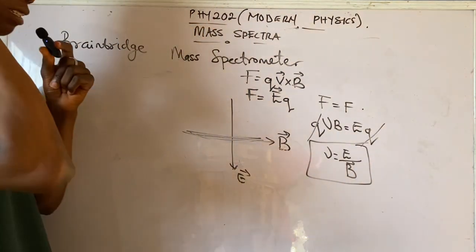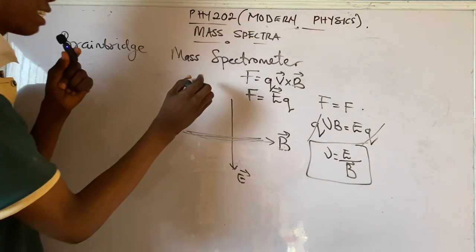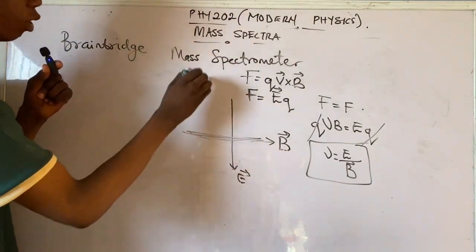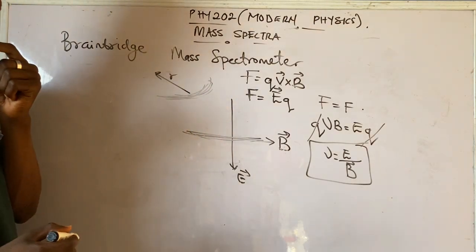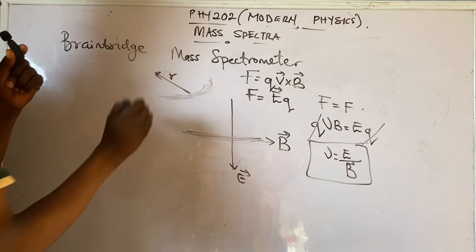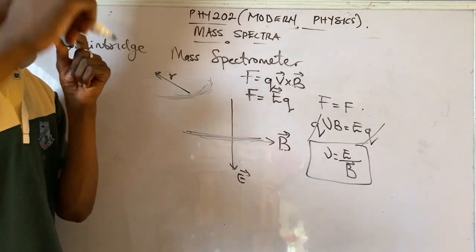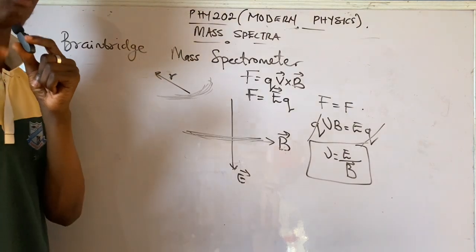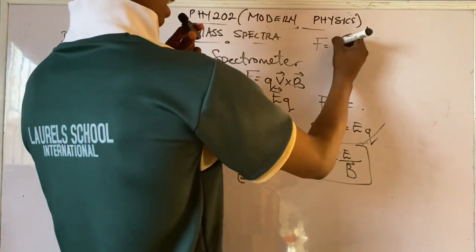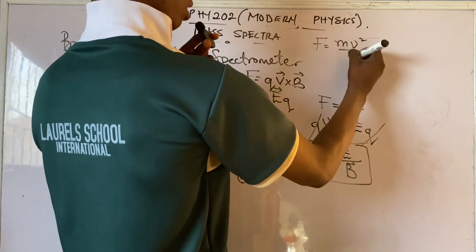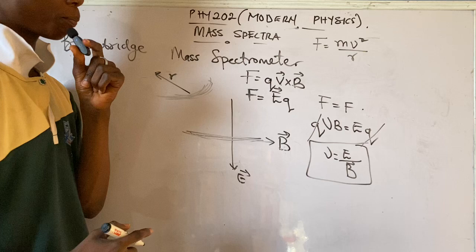Once it leaves that place, it gets to a point where it's going to be moving in a semicircle, in a circular path with a radius r. We all know that whenever a radius r is involved, there is going to be a centripetal force. Centripetal force is given as mv squared upon r, where r is the radius of the circular path.